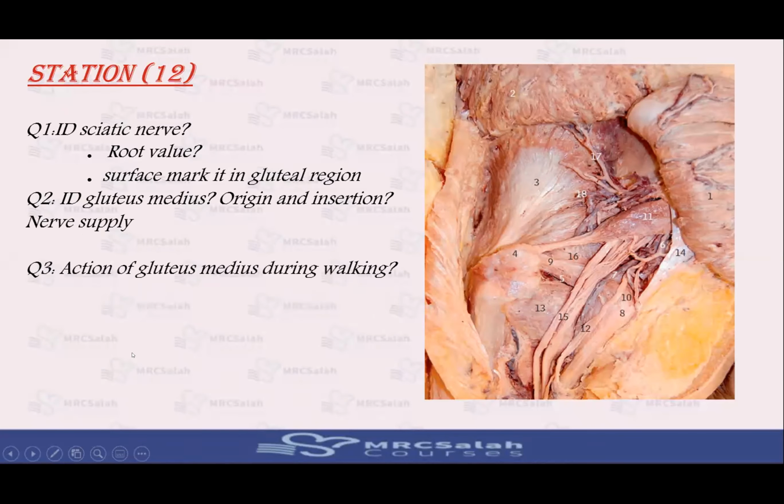What's the action of gluteus medius during walking? It should be abductor and extensor of the hip. During walking it keeps the contralateral hip from falling or dropping. Clinical test if the gluteus medius is weak? It should be the Trendelenburg test.